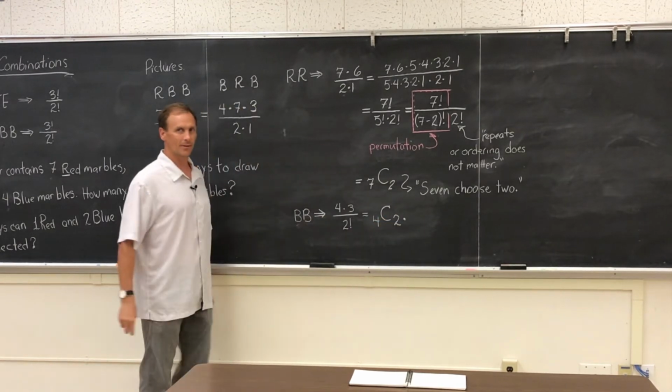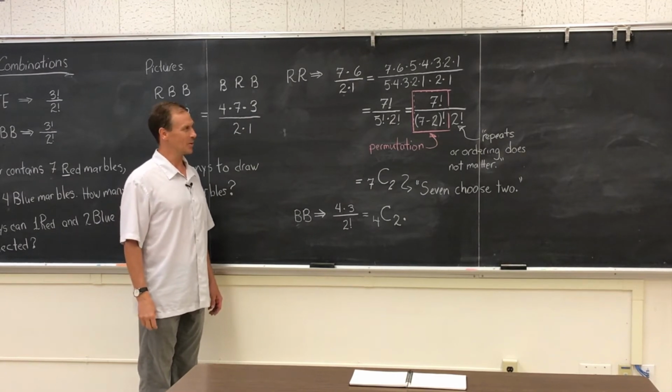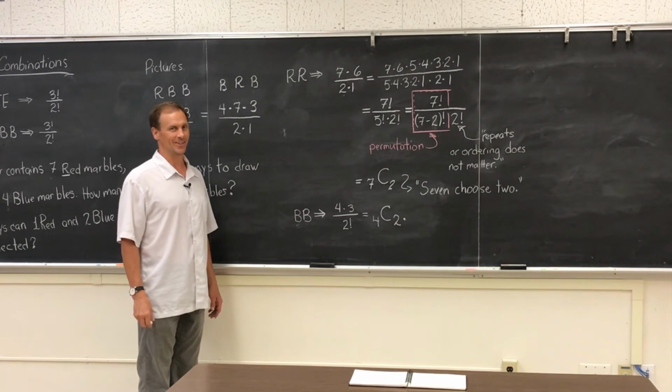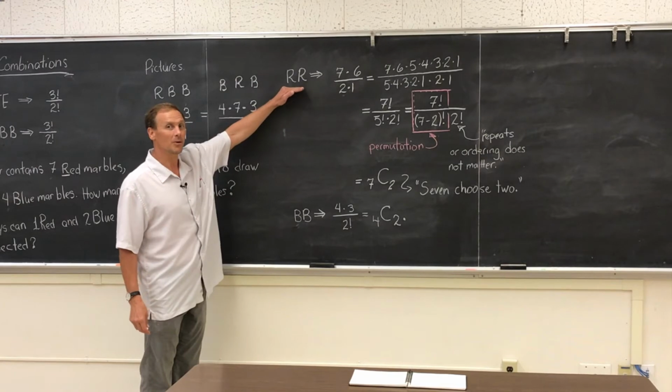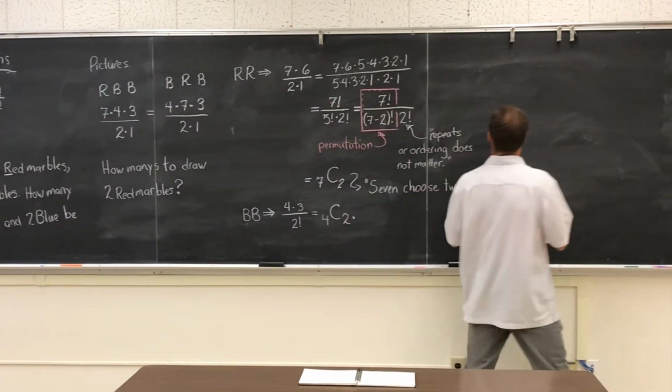Okay? Now, let's put this all together. We need a little bit more, and then we can really take on something interesting. So let's try, what if the problem was all of this at once? Let's come over here. 2 rows.